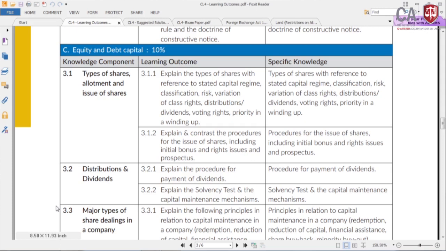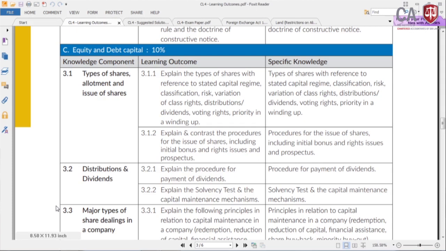variation of class rights, distributions, dividends, voting rights, priority in a winding up and so forth. And then you should have specific knowledge on types of shares with reference to stated capital regime, classification, risk, variation of class rights, distributions, dividends, voting rights, priority in a winding up.